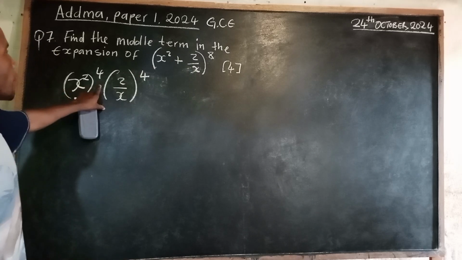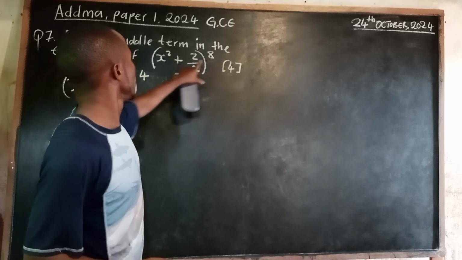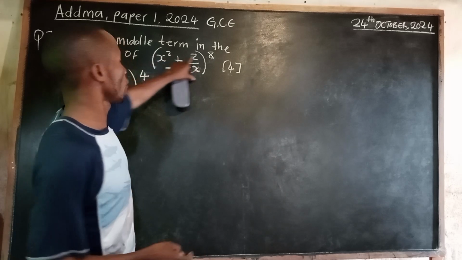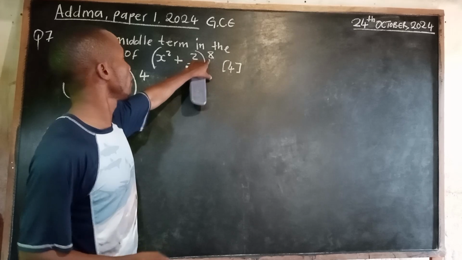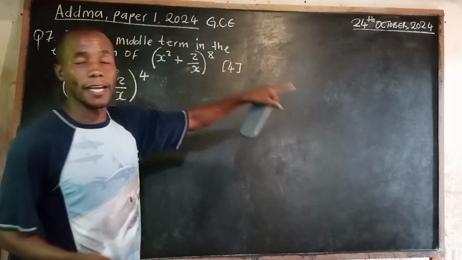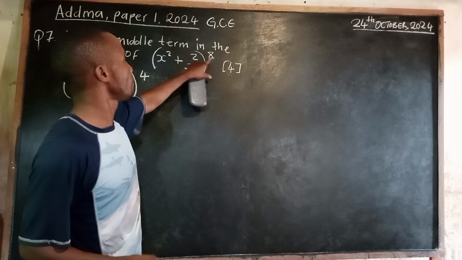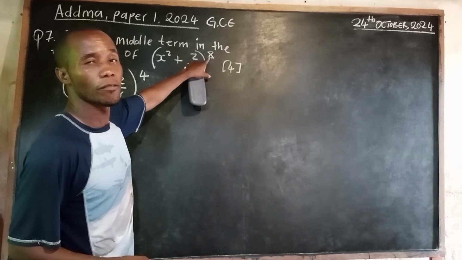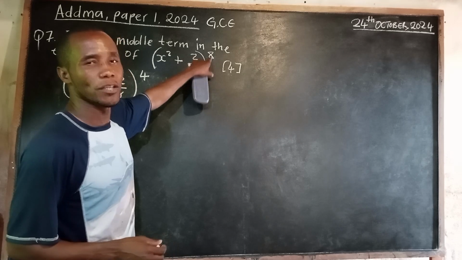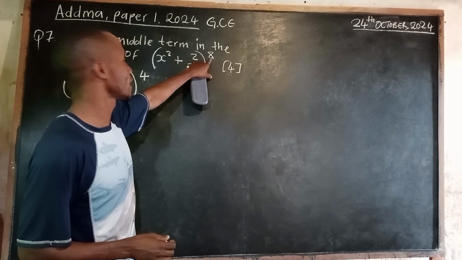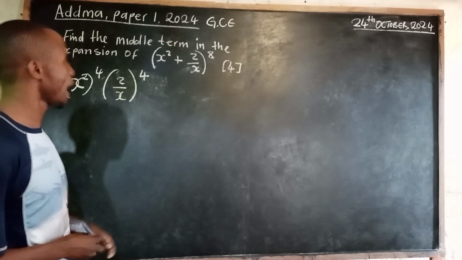That is the middle term, because remember, this power applies to both terms that we have inside the bracket. We find the middle number of the power, which is 8, and the middle number in this case is 4. So no wonder you are seeing this 4 that we have.